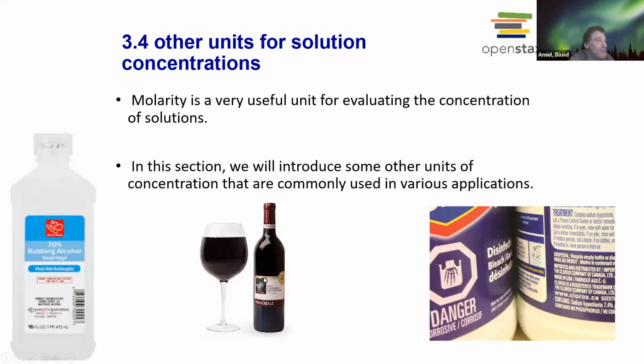You look on the wine bottle and you see 12% alcohol by volume or just 12% by volume. That's a unit of concentration. On the Clorox container, you see at the bottom right here, sodium hypochlorite, 7.4%. Well, that means by mass.